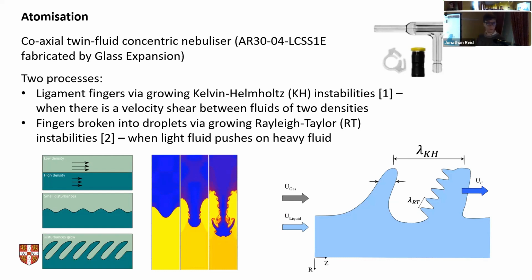These fingers are then formed, and you have to bear in mind that the gas is still colliding in this direction, and all of a sudden, there are going to be fluids pushing with different weights. This causes Rayleigh-Taylor instabilities to form, and the combination of these two instabilities, I've put the wavelengths of them here, for example, will cause droplets to form after that.